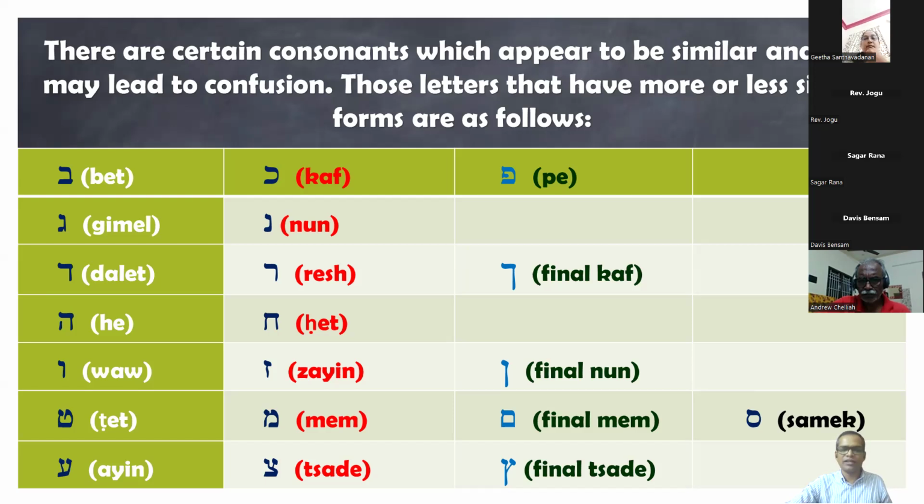The last one that we have to keep in mind is Ain, Sade, final form of Sade. Ain is like Y, but not exactly like Y. And Sade is different. Final form of Sade has a vertical straight line. If that line appears as a horizontal line, that is the normal form of Sade.